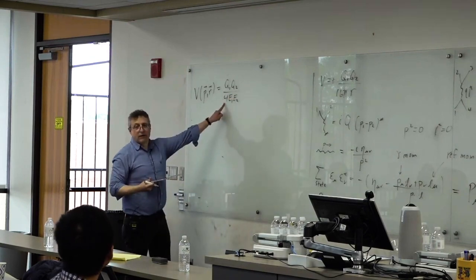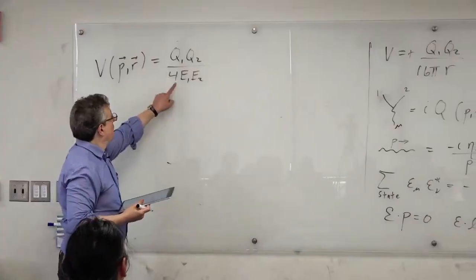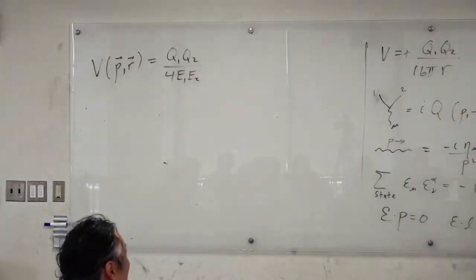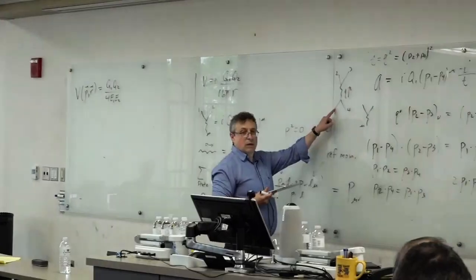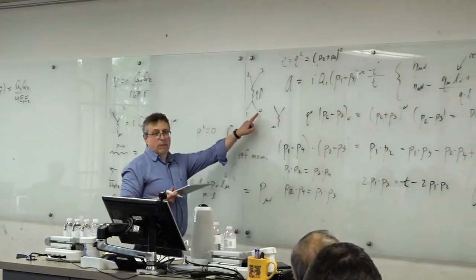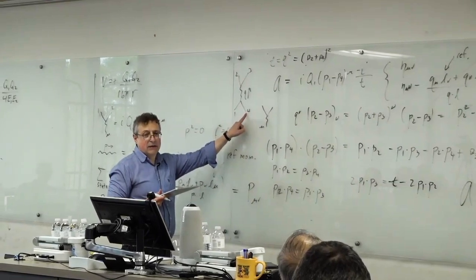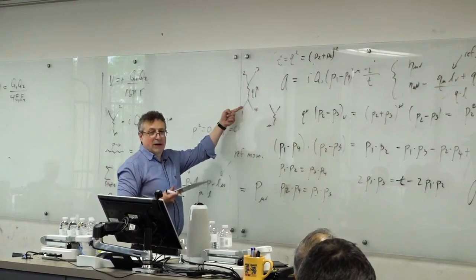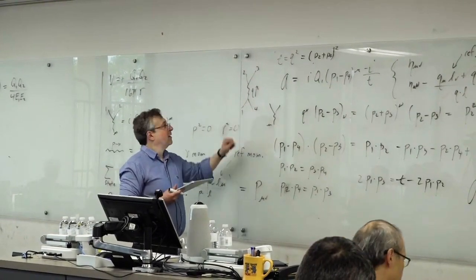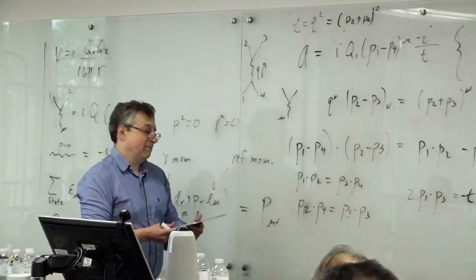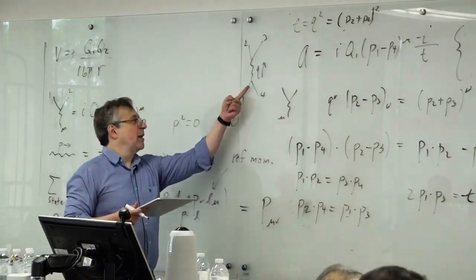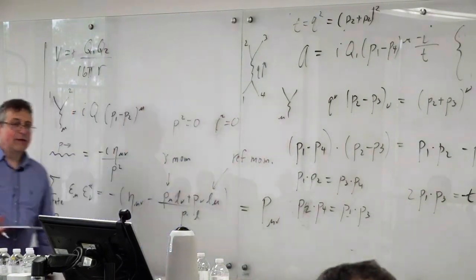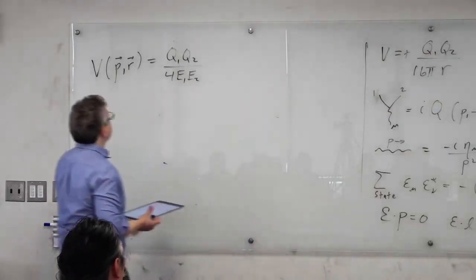This is from the non-relativistic normalization. Remember, we use the on-shell conditions. The energy of this particle and that particle is identical because we're in the center of mass reference frame. The momentum is p and the momentum is still p, but at a different angle. So the energy is identical.